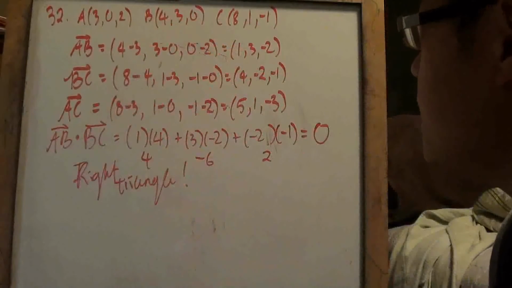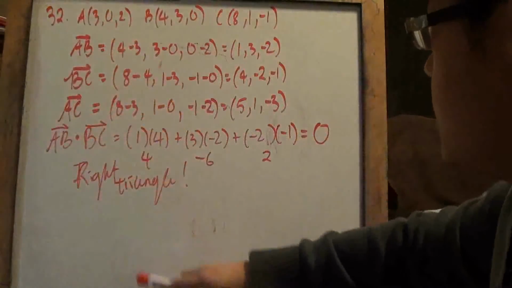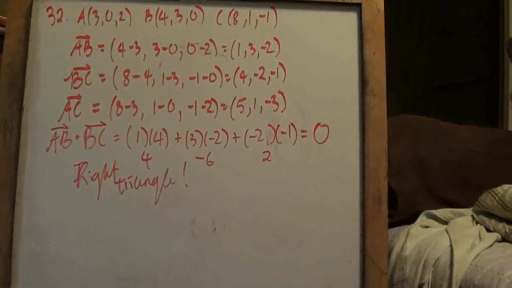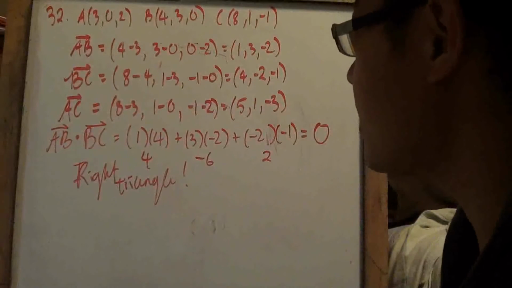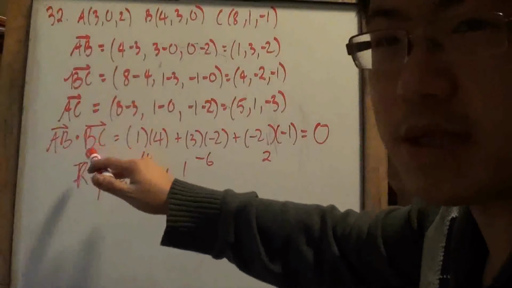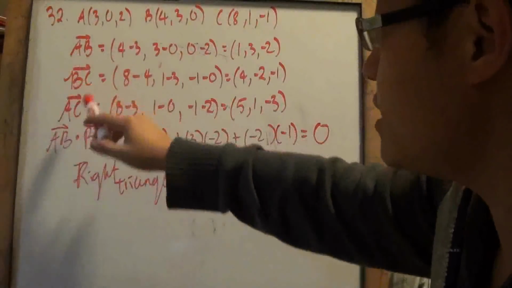So I tried number 32, same situation. They give you 3 points, so I drew up 3 lines, and I tried the dot product of AB and BC, and again it becomes 0. So we're getting lucky, but I'm trying to find a good example, and it's not giving me one. Just an FYI, if AB and BC don't work, that's okay. Try AB and AC, or BC and AC.